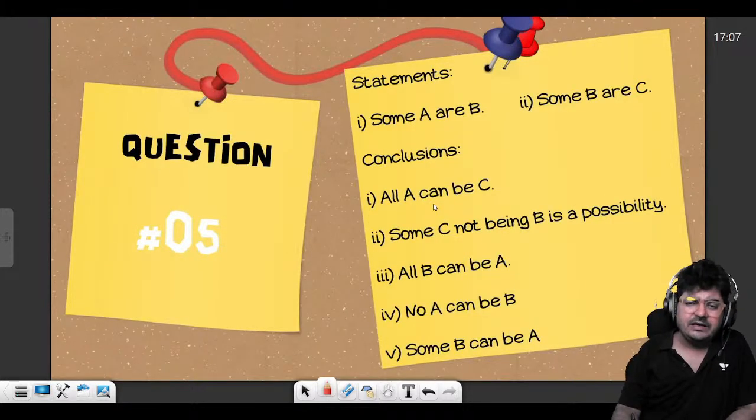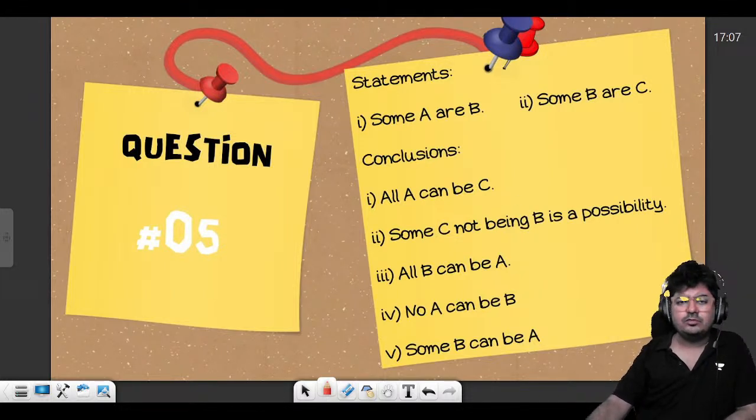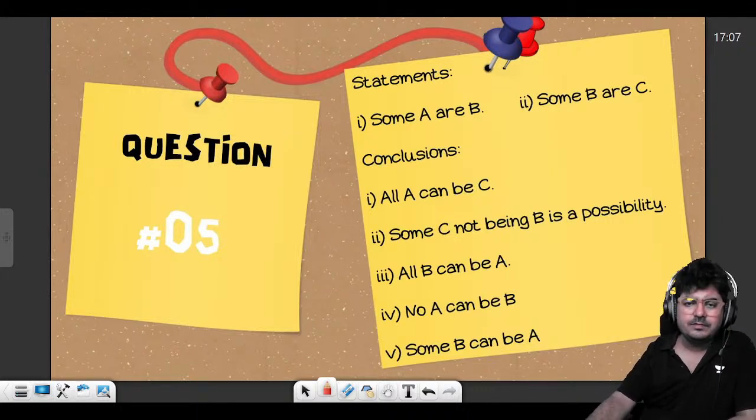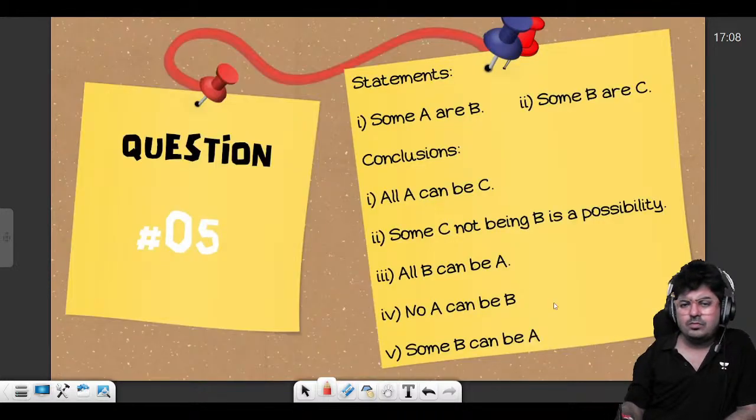So all A can be C. Yes or no? All A can be C. Yes or no?